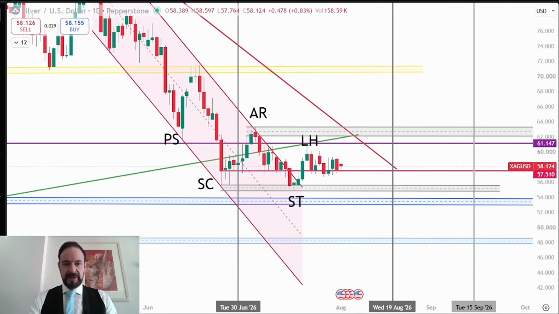there's no way we're going to $50 silver. We're either going to get an undercut below 50, or we're going to stop, which is what I've been saying and thinking for a while.